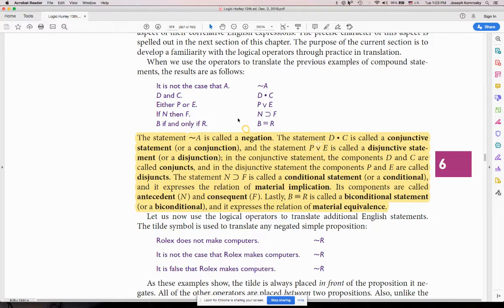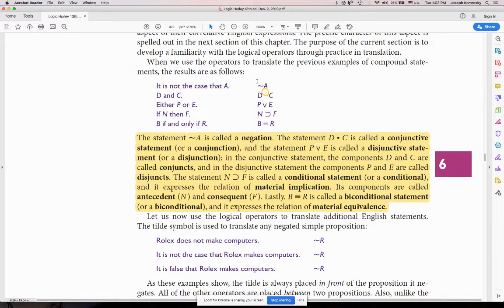Take your English statements, simplify them to the most simple logical form, and that's going to look like one letter or two letters. If you have two letters, they're going to be separated by an operator. If you have one letter, it could just remain the same. Like I could just have A or B or X or whatever letter I want to use. And if it's alone, that's fine.